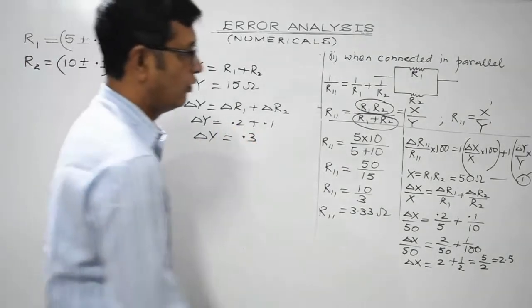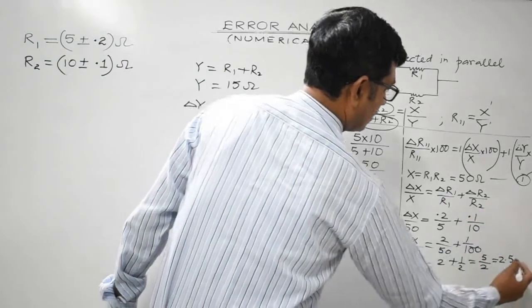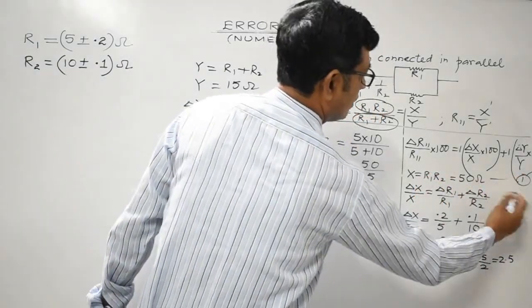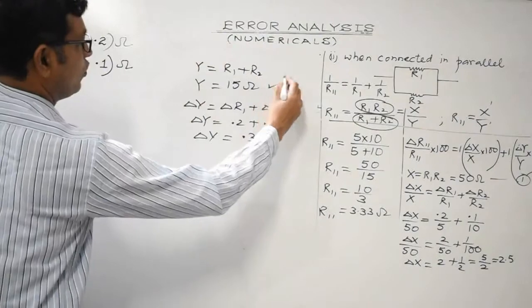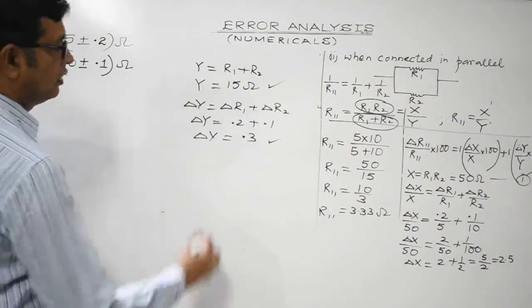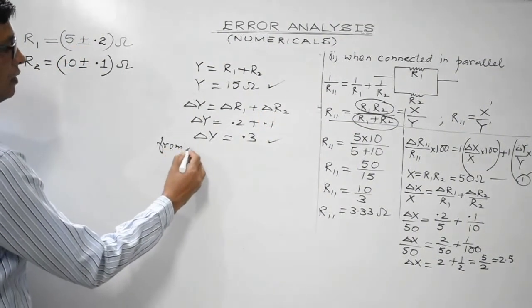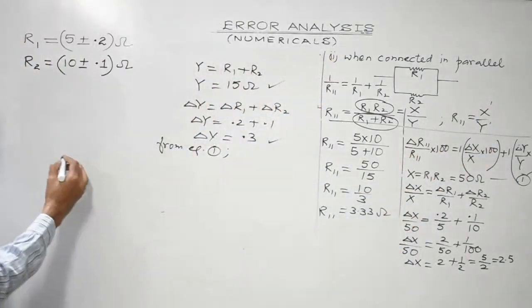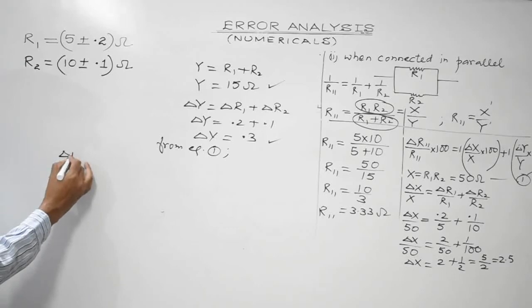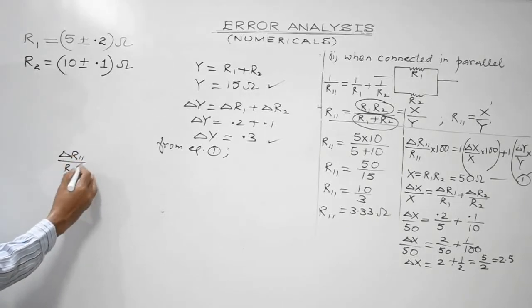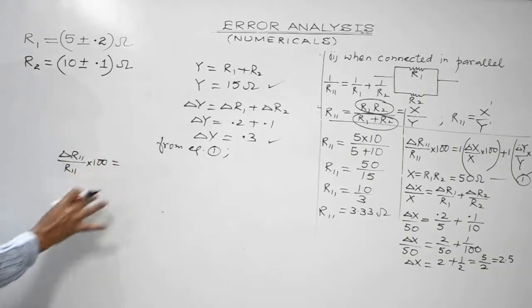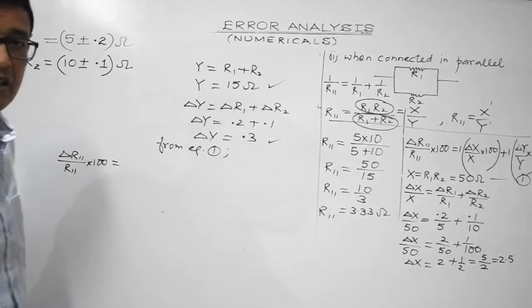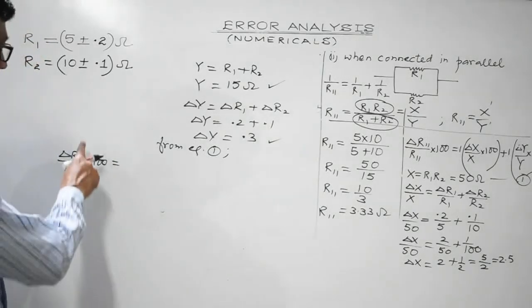Correct, students? Now we have obtained all the values, right? This is X, this is del X, this is Y, and this is del Y. Now from equation 1, let's substitute the values over here. What we get is del R parallel divided by R parallel multiplied by 100. This is to be obtained: the percentage error in the equivalent resistance when they are connected in parallel.